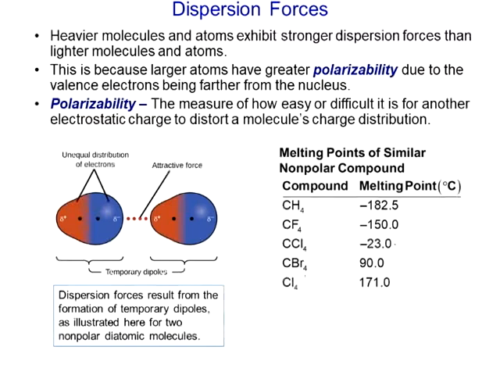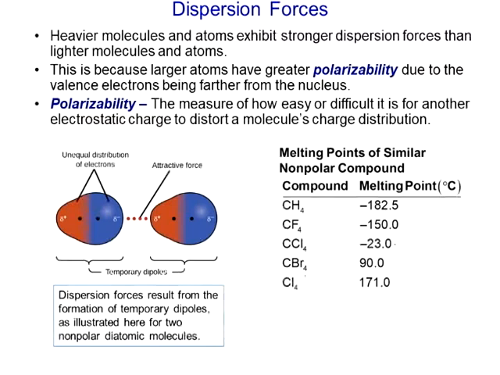So note again that the melting point with CI4 is higher than CBr4, which is higher than CCl4, higher than CF4, higher than CH4. This is because the dispersion forces are different in each of these molecules. And because they are different, the physical properties are different as well.